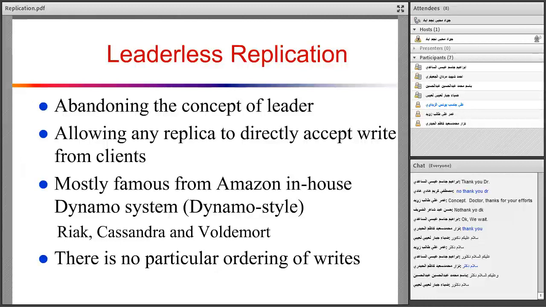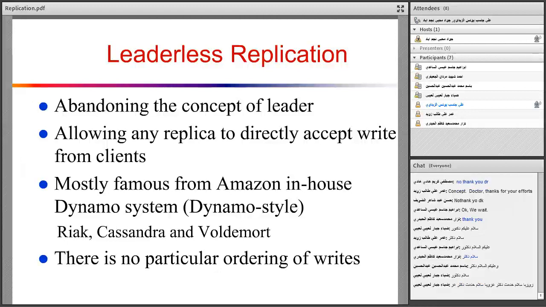Is there any candidate? No? Okay, so this is the only choice for me: in this class I'm going to talk in English, and I hope you are understanding what I say.